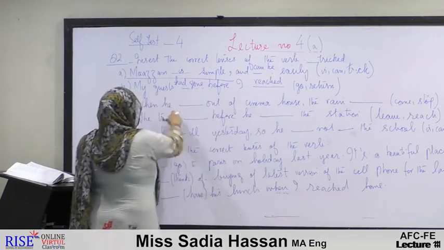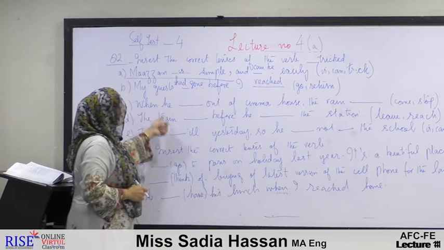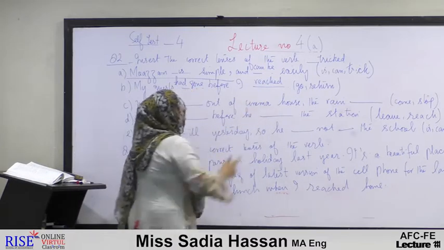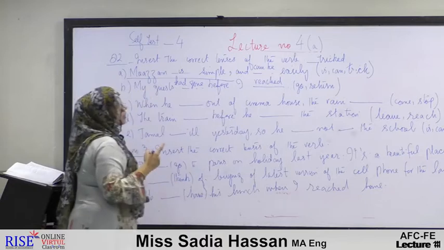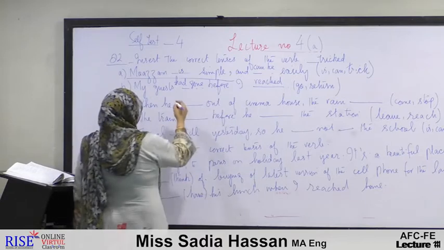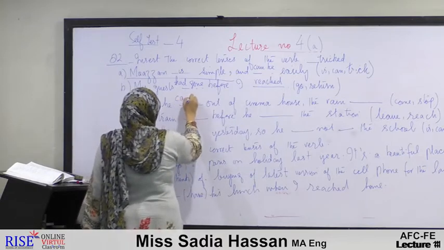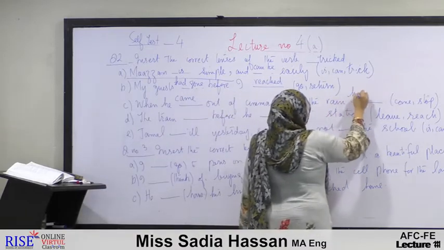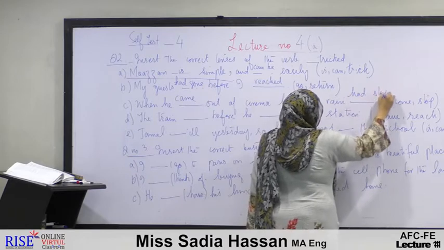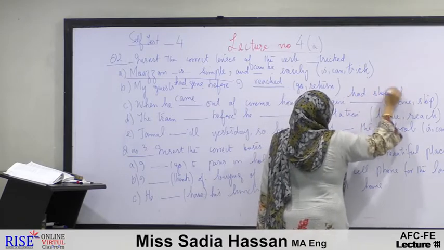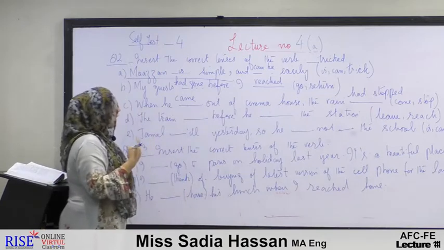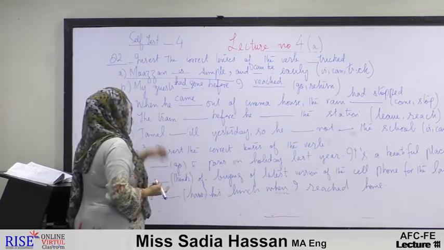Now come on to sentence number C. When he dash out of cinema, the rain dash stopped. Again the past follows past. When he came out of cinema, the rain had stopped. An action had completed before the completion of the other action. The rain had stopped before he came out of the cinema.